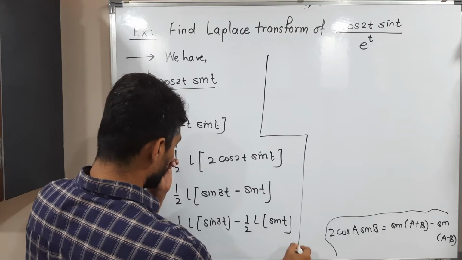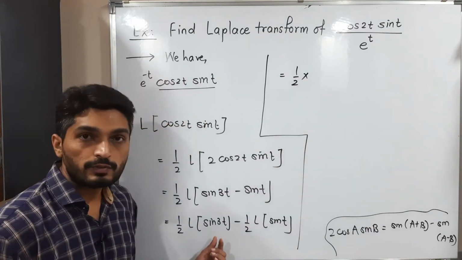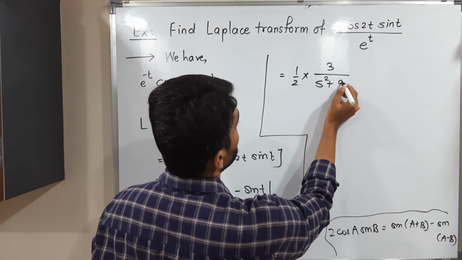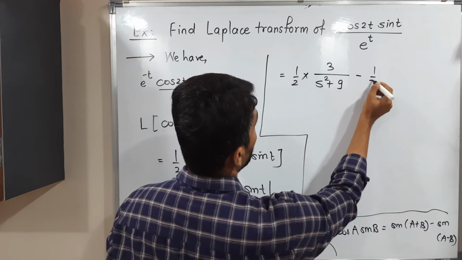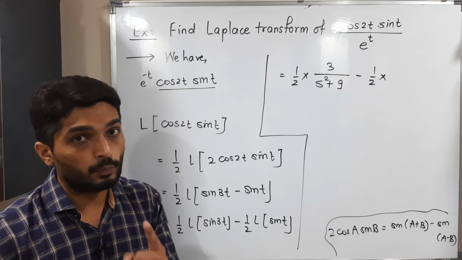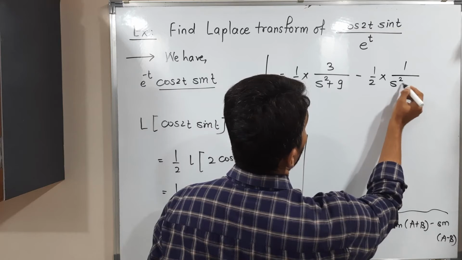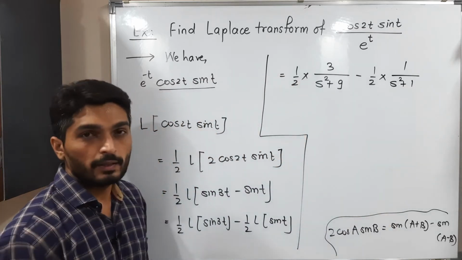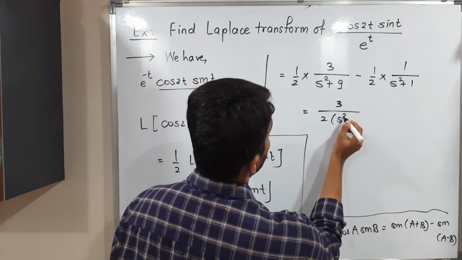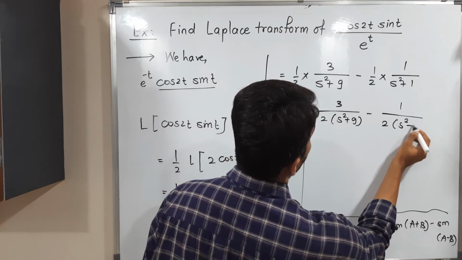This is equal to 1 by 2 into Laplace of sin 3t, which is 3 upon s square plus 3 square, is 9, minus 1 by 2. Here we have to write Laplace of sin t. So the multiple of t is 1. The formula says 1 upon s square plus 1 square, which is 1. Let us multiply and make it simple: 3 upon 2 into s square plus 9 minus 1 upon 2 into s square plus 1.